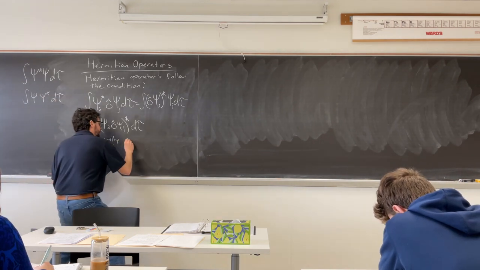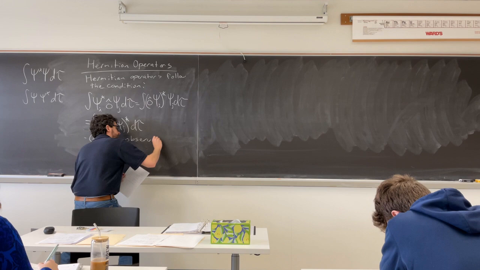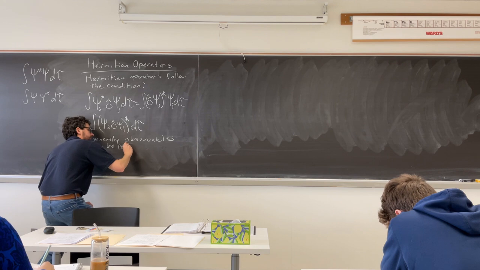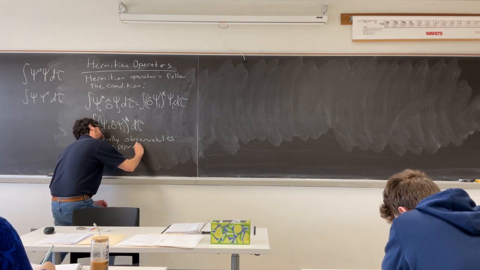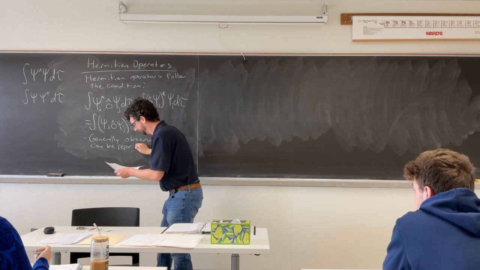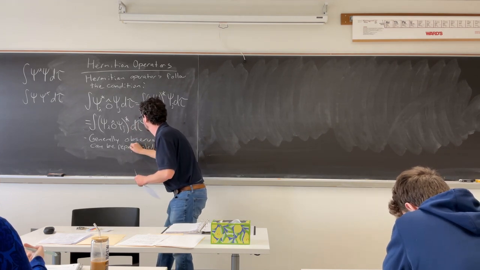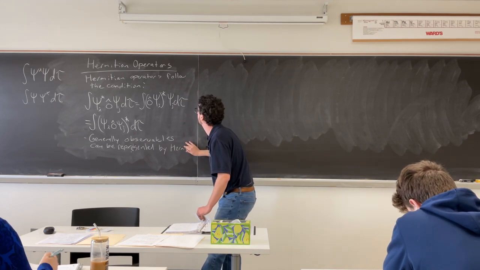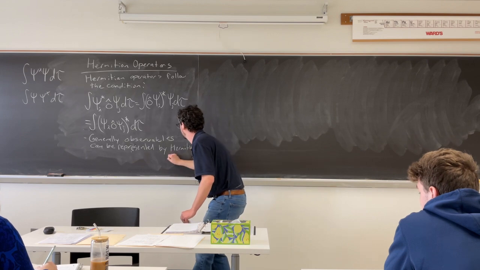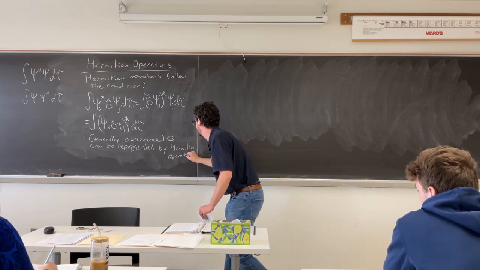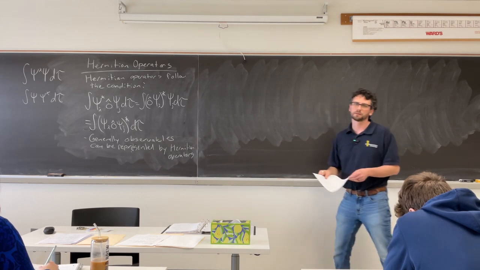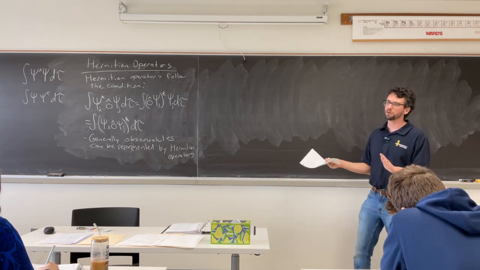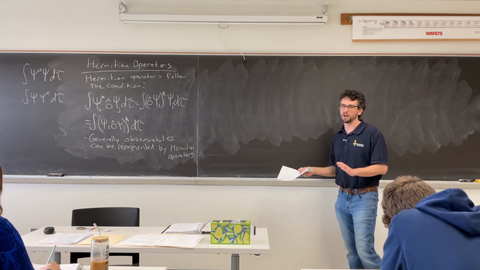Generally, observables can be represented by Hermitian operators. Whenever you have an observable, it usually is a Hermitian operator.